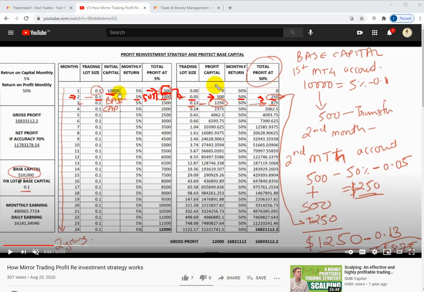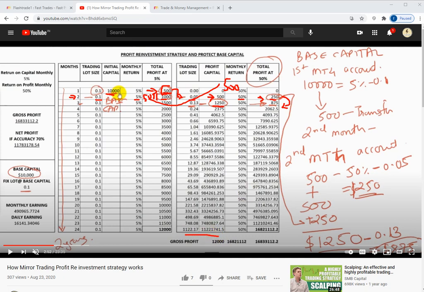To this base capital the second month profit is going to be added, which is again $500, and plus this profit which is $250. So during the third month we will trade with $1,250 in the second MT4 account. In this way it is going to repeat for 12 months.